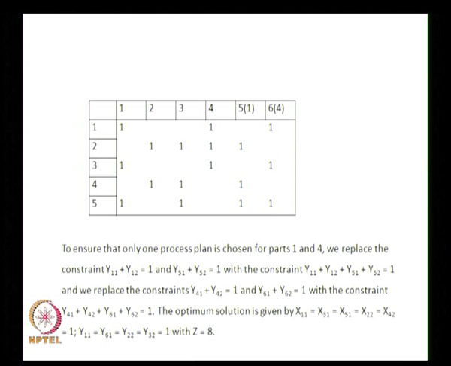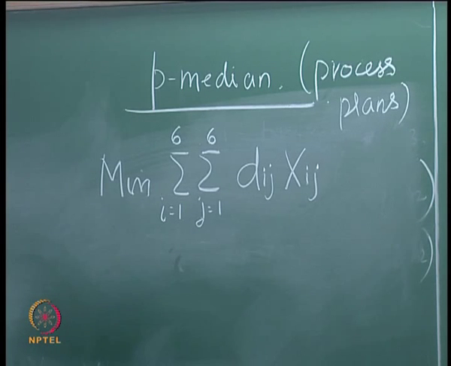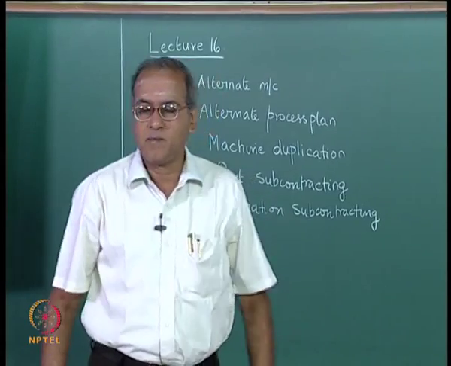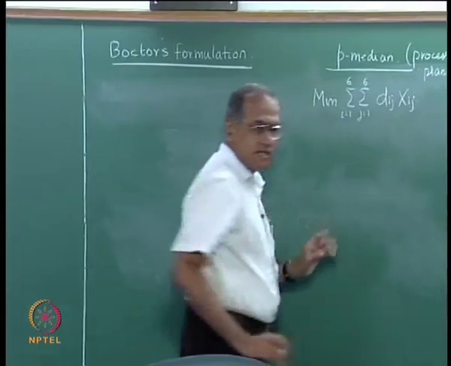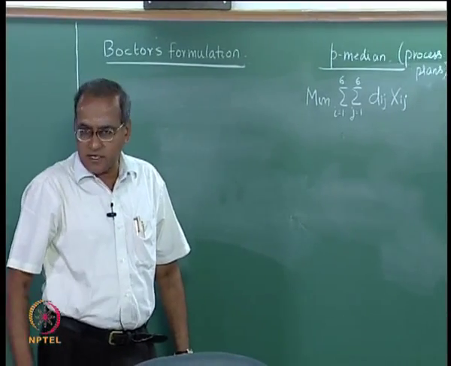Now there are 6 process plans. So we are doing a p median problem for process plans, not for parts, for process plans. So the distance matrix or dissimilarity matrix becomes a 6 by 6 matrix. So minimize Dij Xij subject to the conditions.